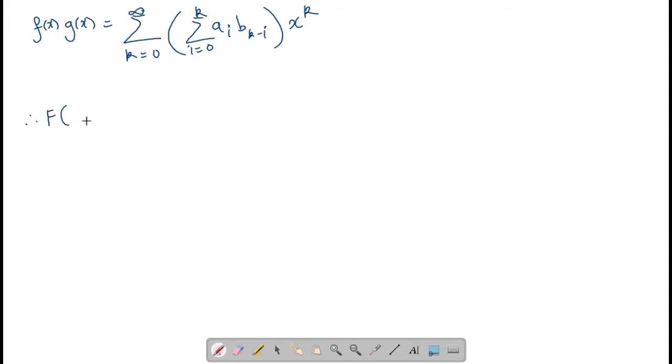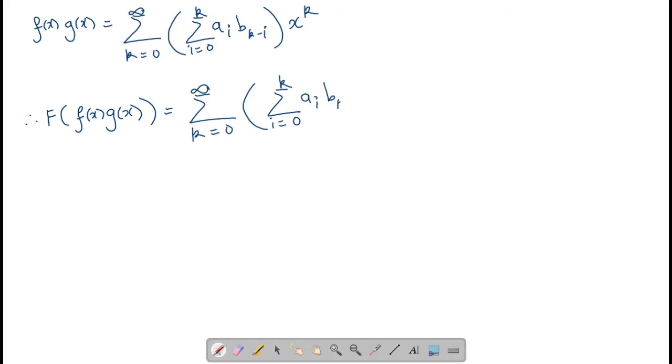Therefore f bar of the product f(x) times g(x) would be summation k going from 0 to infinity, summation i going from 0 to k, of a_i b_{k-i} bar x^k.